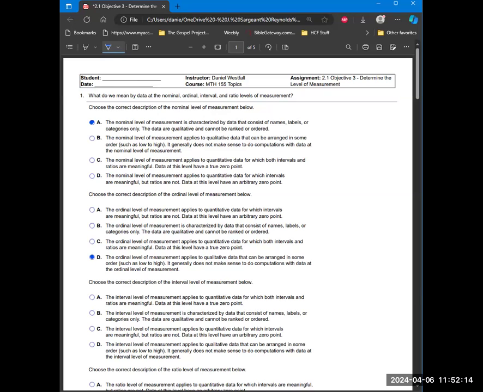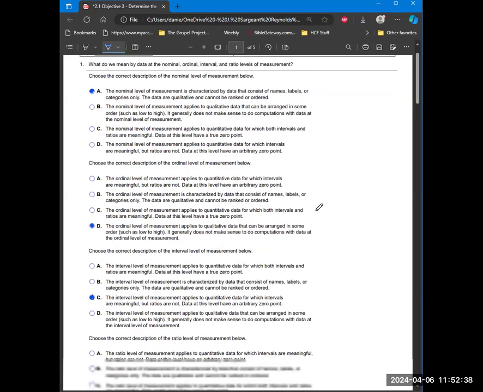Data at this level have an arbitrary 0 point, meaning that 0 does not absolutely mean 0, nothing, like when we have 0 Kelvin, that's absolute 0, which means 0 heat, but 0 Celsius and 0 Fahrenheit don't mean 0 heat.